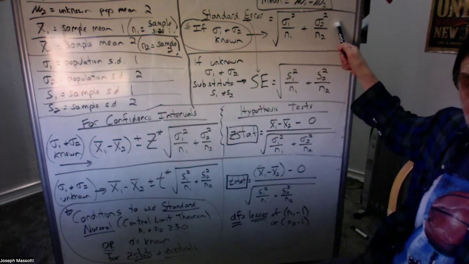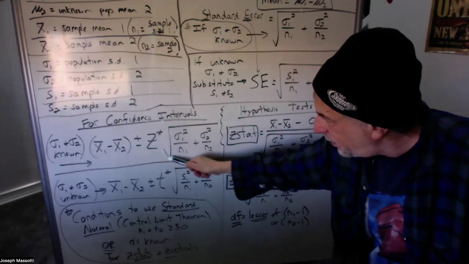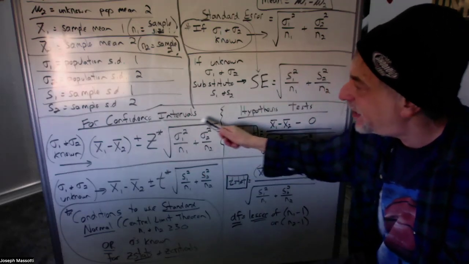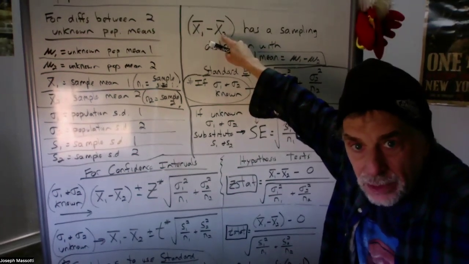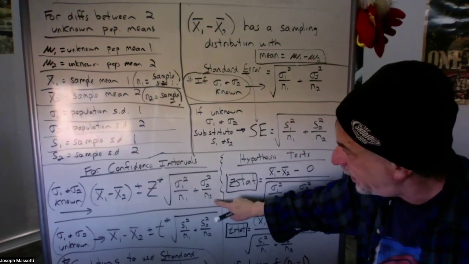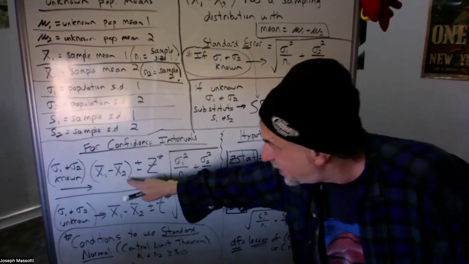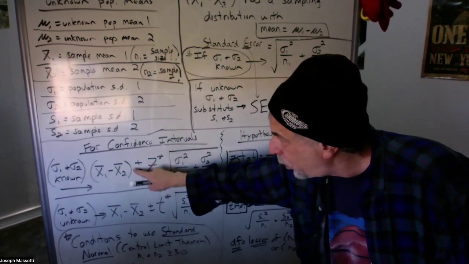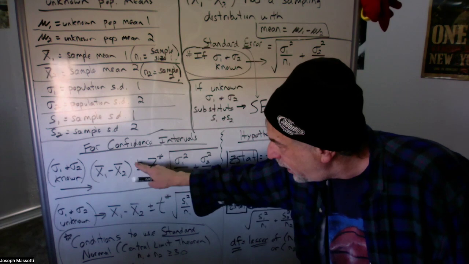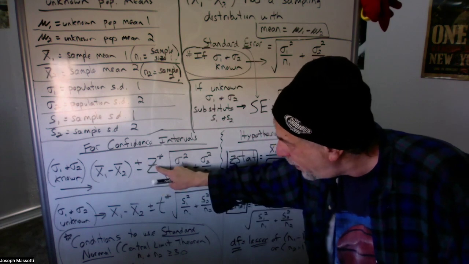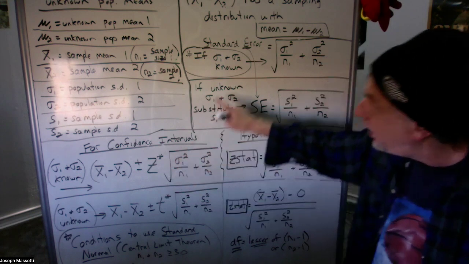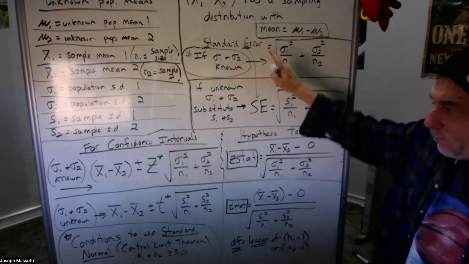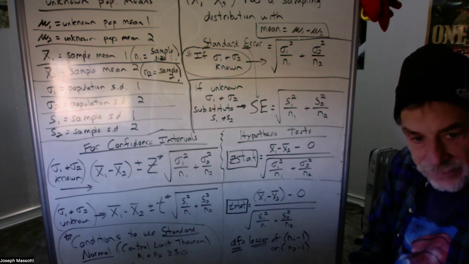When sigma 1 and sigma 2 are known, this is going to be the standard deviation of the sampling distribution of this statistic. And that's what we're using here, right? We're saying this is the center of the distribution, and we're going out this many standard deviations of that sampling distribution, which we call the standard error.